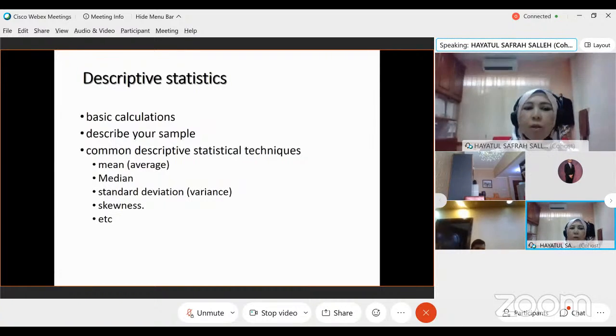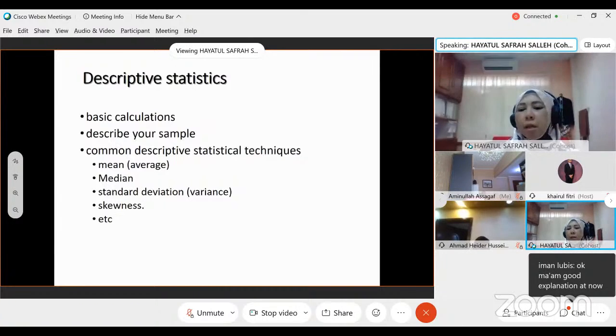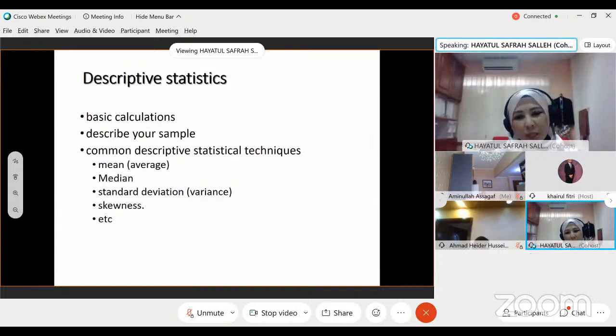So you can use the mean. The mean can translate into their level of awareness, their level of perceptions towards certain things.